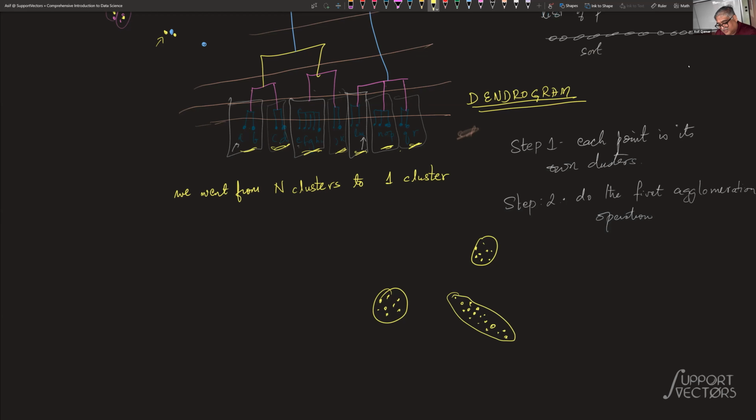You have 3 clusters, A, B, C. Actually, C, I will mark it a little bit differently. Sorry, this is not working out very well. Let us say that this is C. And A, let me make it a bit closer. Let me cheat so that I can make my argument correctly.